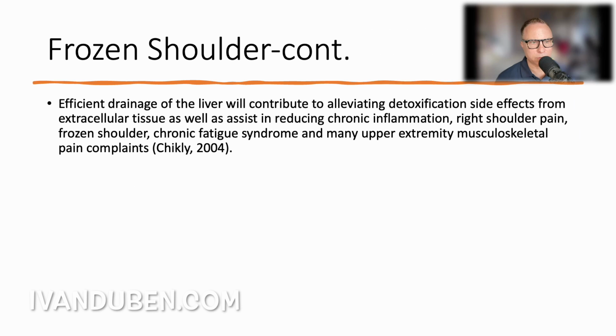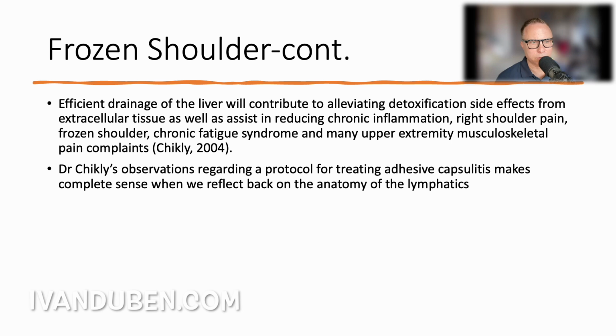Efficient drainage of the liver will contribute to alleviating detoxification side effects from extracellular tissues, as well as assist in reducing chronic inflammation, including right shoulder pain, frozen shoulder, chronic fatigue syndrome, and many upper extremity musculoskeletal pain complaints. That's coming from Bruno Schickli.